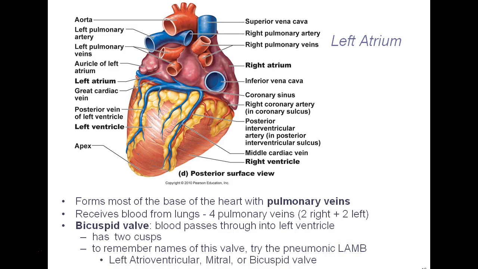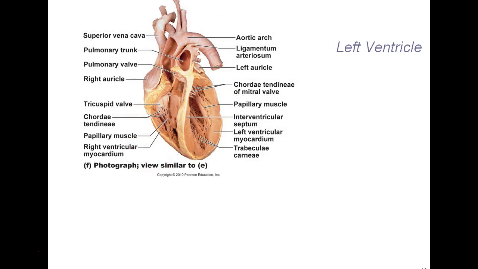And from this left atrium, we then arrive at our left ventricle. Again, this left ventricle is similar in many ways to the internal anatomy of the right ventricle. That is, we're going to have valves, trabeculae carneae, chordae tendineae, and papillary muscles.